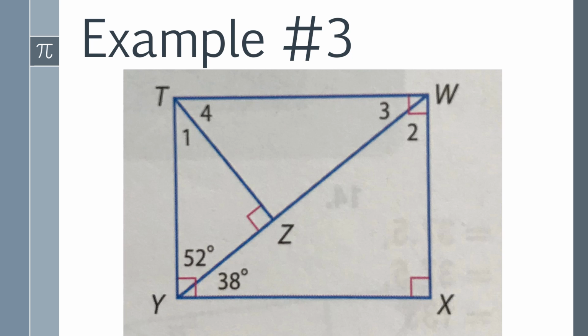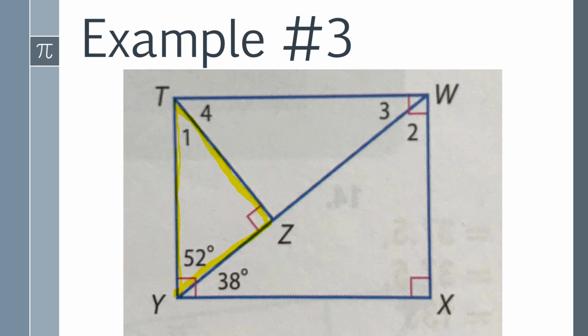One of the corollaries we learned is that the acute angles of a right triangle are complementary, which means they add up to 90. So to find angle 1, we see we have a right triangle there, this is the right triangle we're going to work with, this first one here, right? So this one right here.